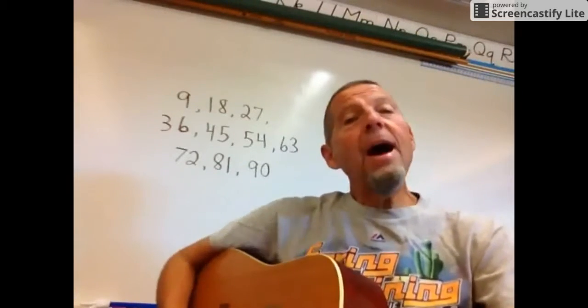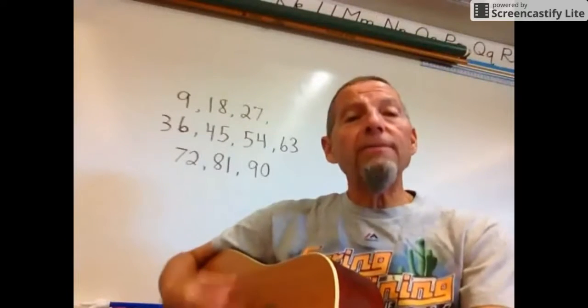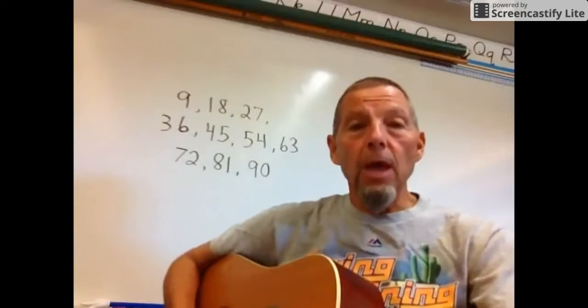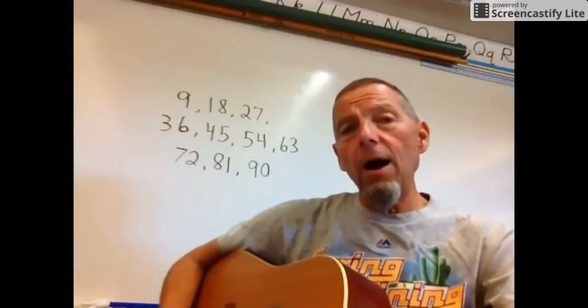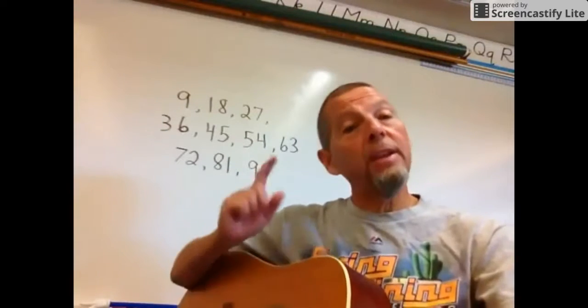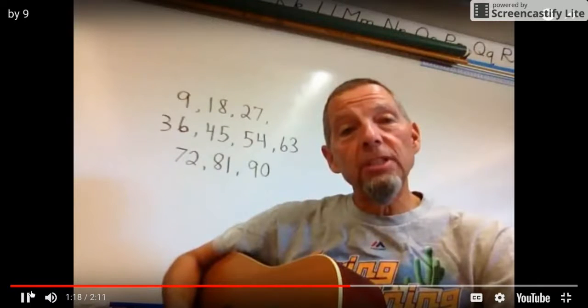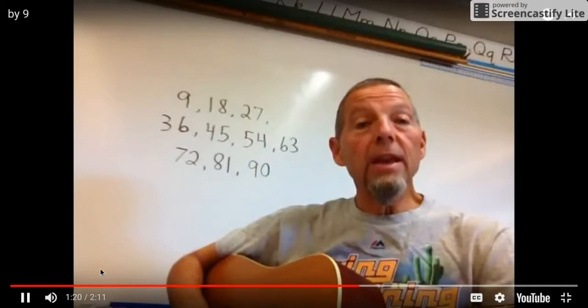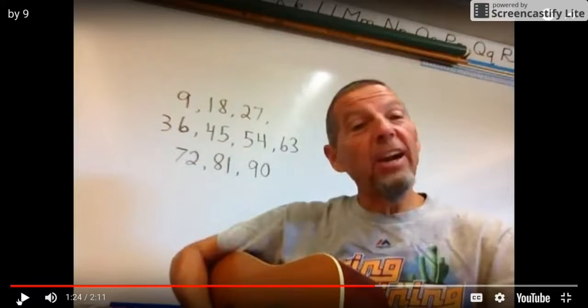Here we go. 9, 18, 27, 36, 45, 54, 63, 72, and 81. Now I know my nines. 90. Now I know my nines. That's it. Nines. This is American Pie, by the way. Okay. Ready?